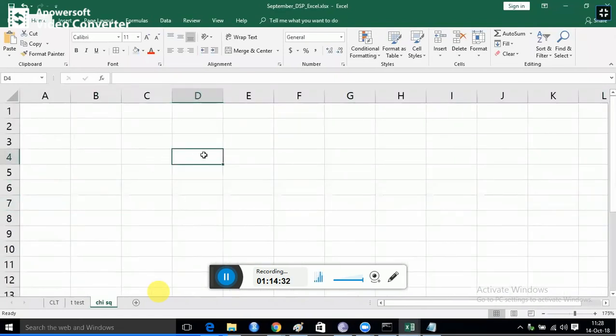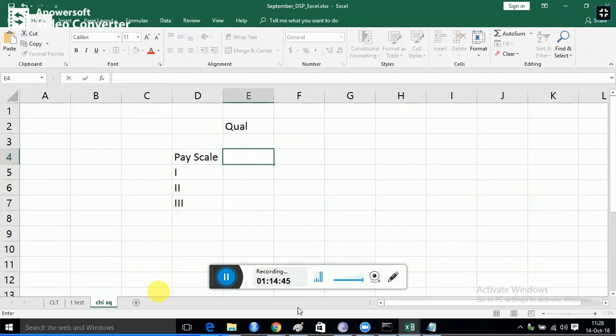Let's say I'm taking pay scale 1, 2, and 3. And let's say I'm taking qualification: grad, PG, and PhD.